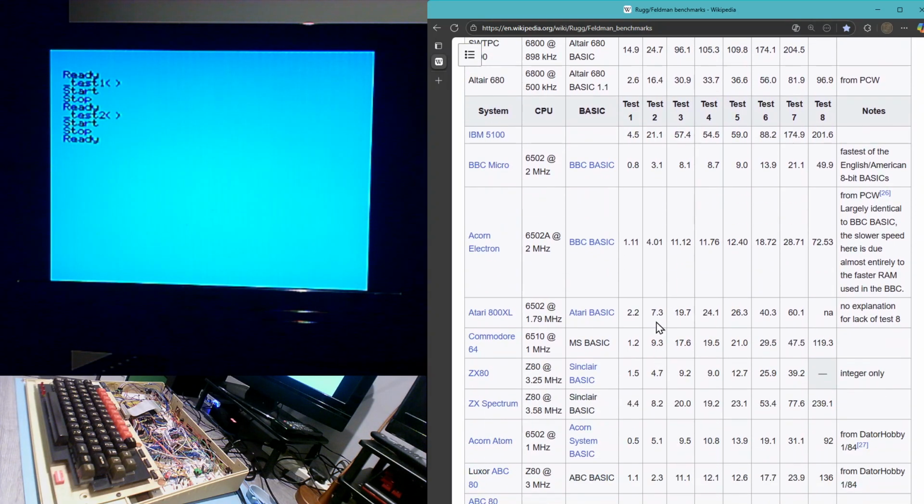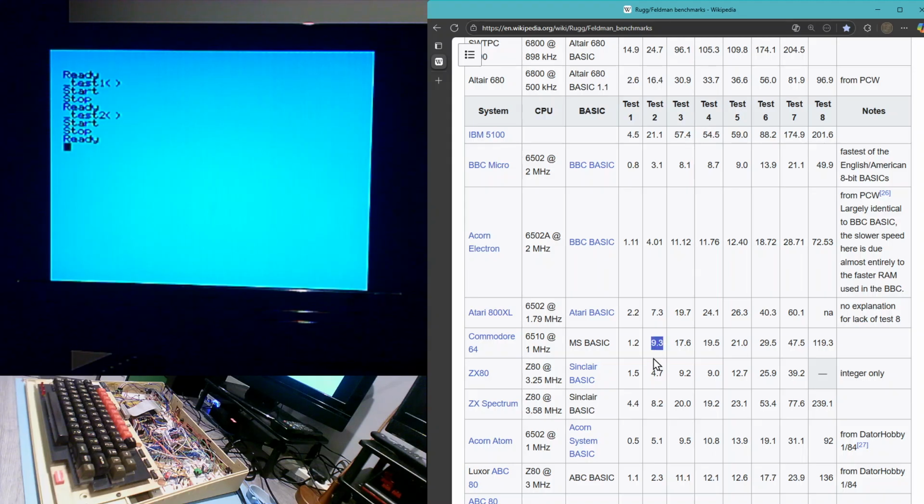Compared to I used to have an Atari 800 XL as well, which I really love that computer. Now that is a huge difference in speed. Instead of 0.4 seconds versus 7.3 seconds, that's like nearly 20 times, 17 or 18 times faster.